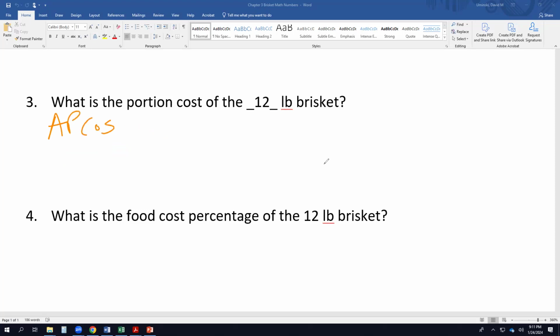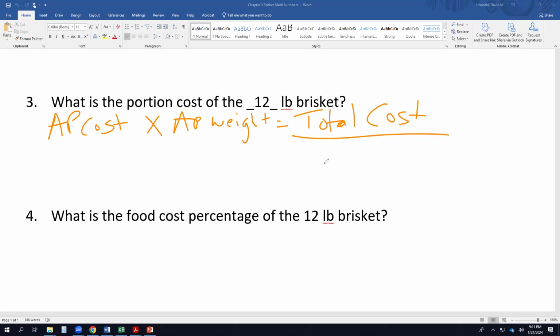As purchased cost times the as purchased weight equals our total cost. Sorry, I didn't tell you how to get the total cost. So our as purchased cost times the as purchased weight gives us our total cost. And now we divide by the number of servings.